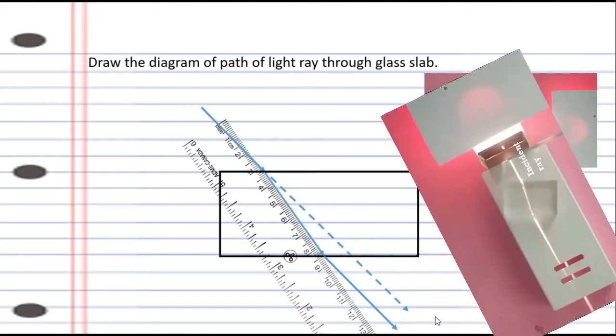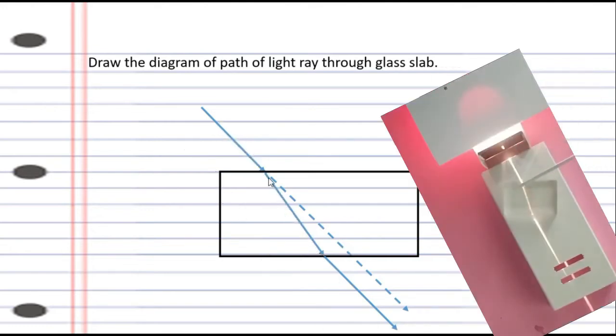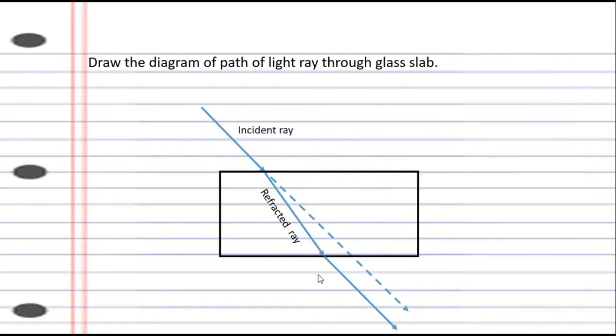That means there is a bend in the direction, as you can see in the actual demonstration. That is what refraction is. The ray going out is again a refracted ray, or we can call it an emergent ray. The first ray is called the incident ray, and the two mediums are air and glass.